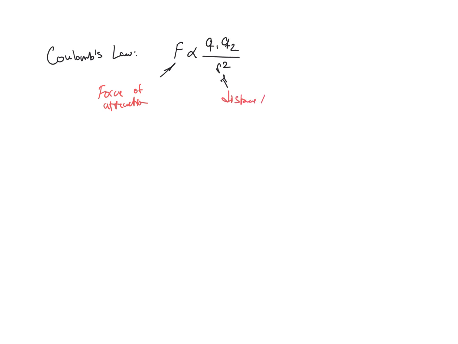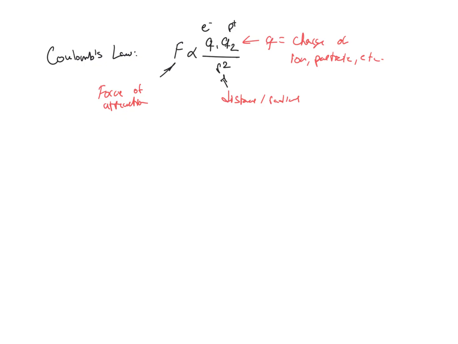Distance slash radius, and Q is equal to the charge of the ion, particle, etc. If we're thinking of attractive forces in an atom, Q1 would be our electron and Q2 would be our proton, and if we're thinking of ions, we can think of those as the cation and the anion in an ionic compound.